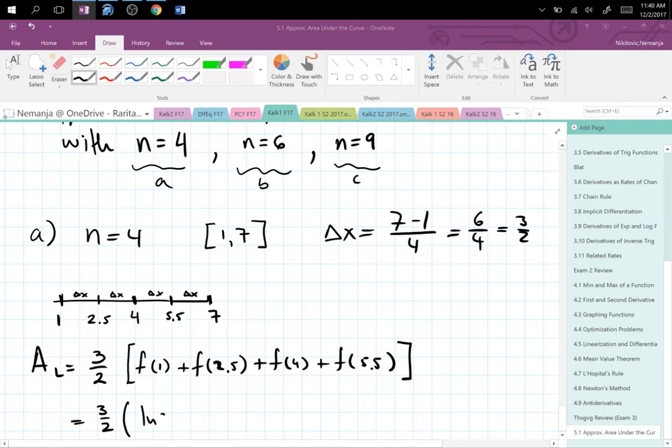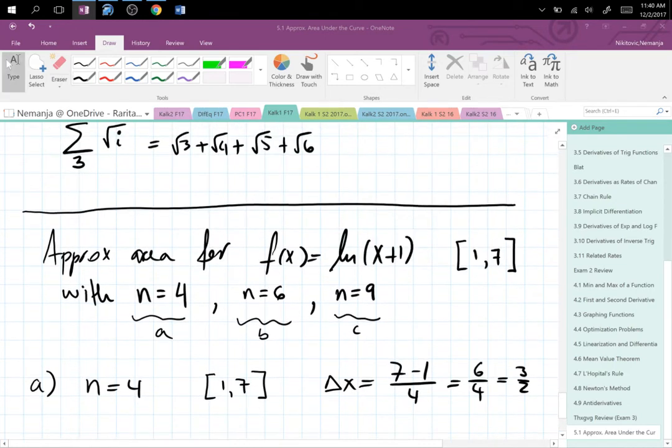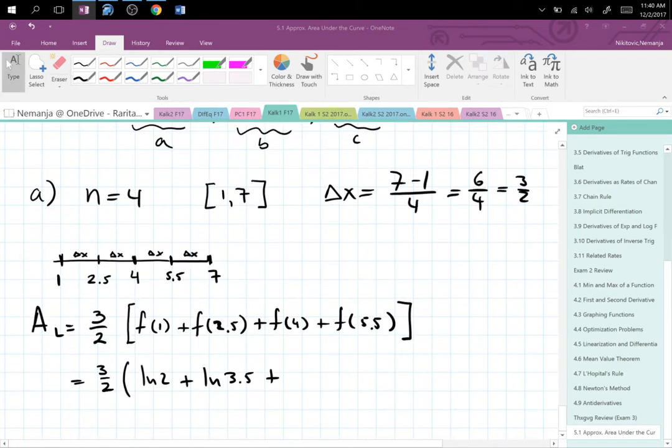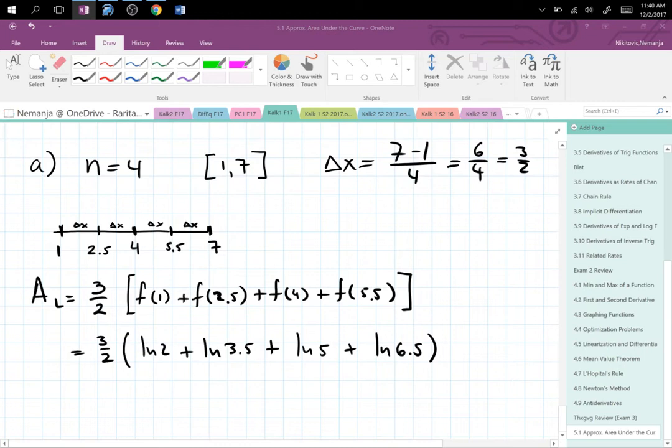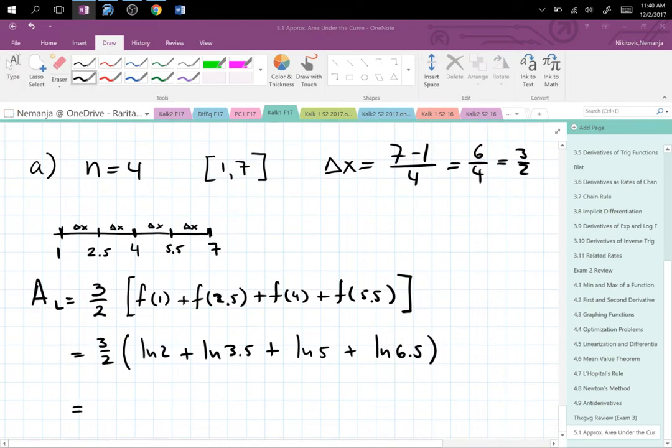So it's ln 2 plus ln 3.5, because the formula is x plus 1, plus ln 5 plus ln 6.5. And now we compute these values, and we have the left sum.